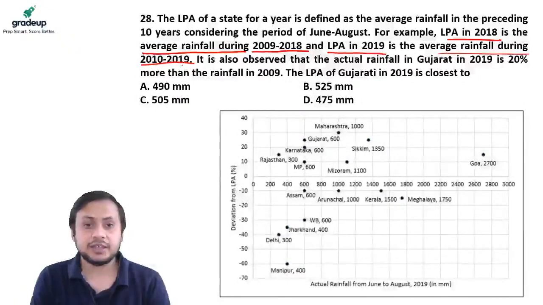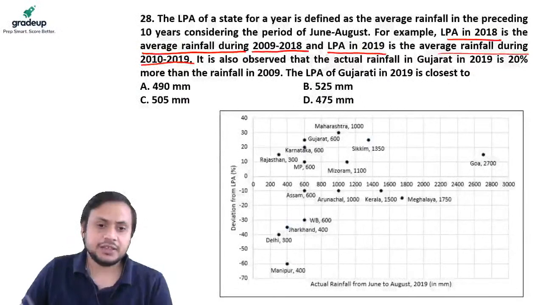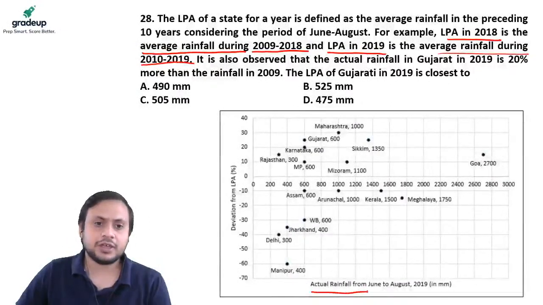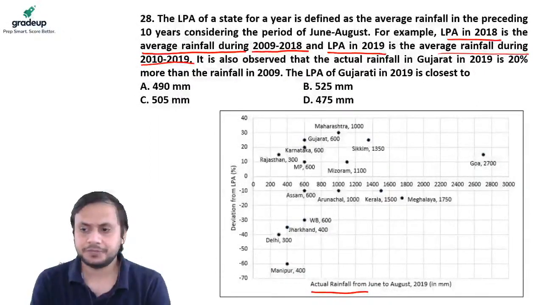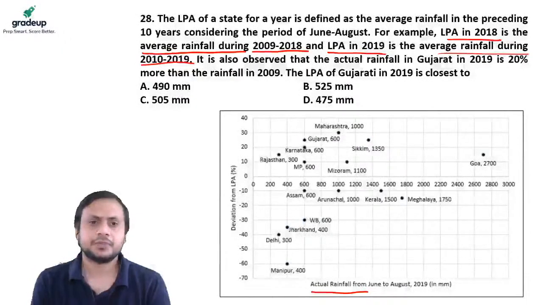Now they are defining LPA, okay. And here these values are actual rainfall, in the x-axis they are giving us actual rainfall. Anyway, please tell me what is the answer. I'll wait for your answer, okay.